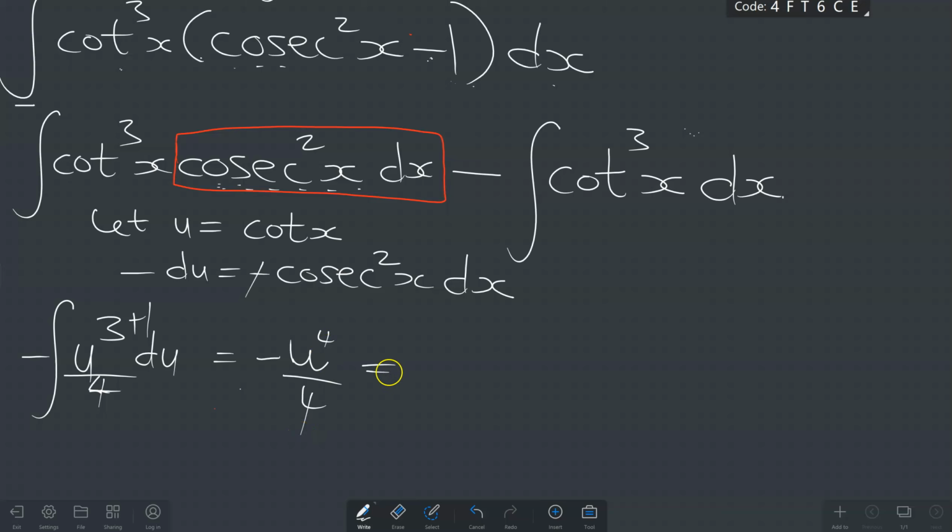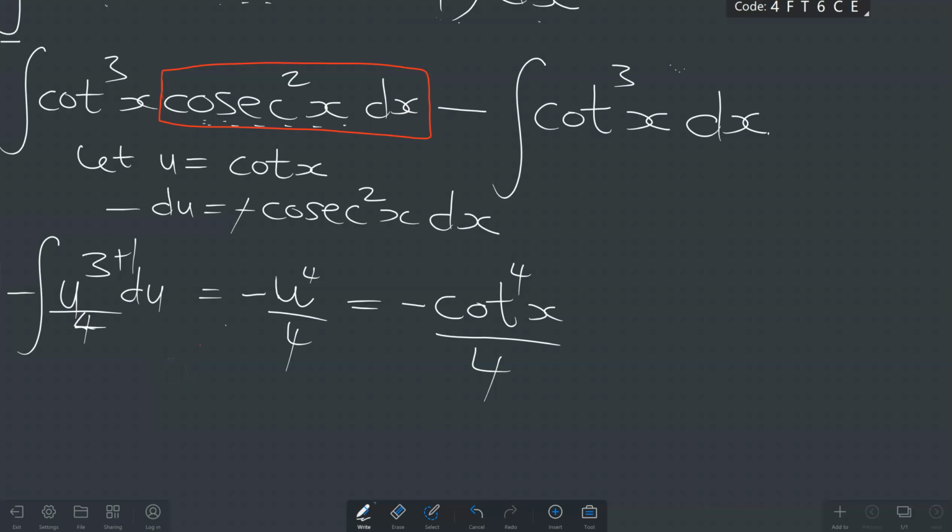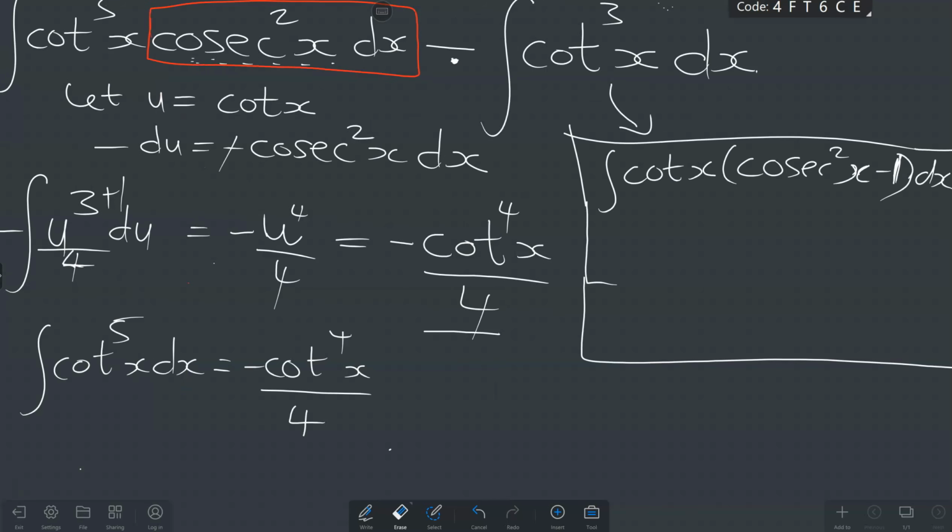And that then gives us minus, since u is cot, cot to the power 4 of x over 4.